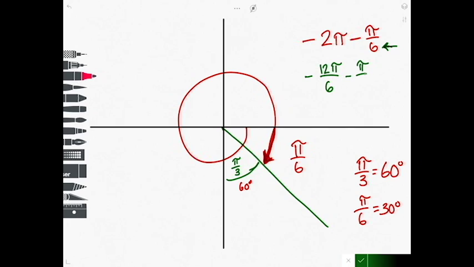So then minus pi over 6. So negative 12 pi over 6 minus another pi over 6 gives me negative 13 pi over 6. And that's my angle of rotation in radians.